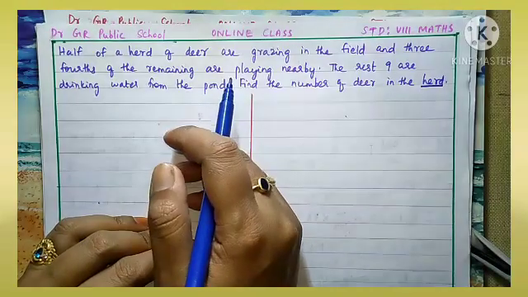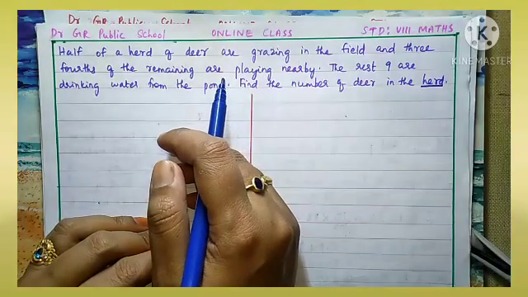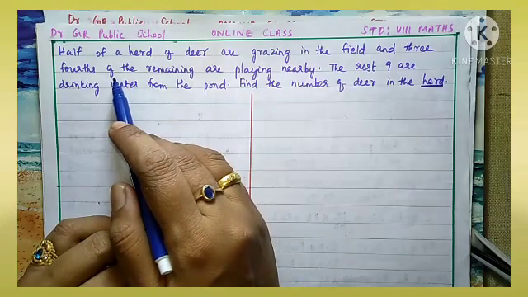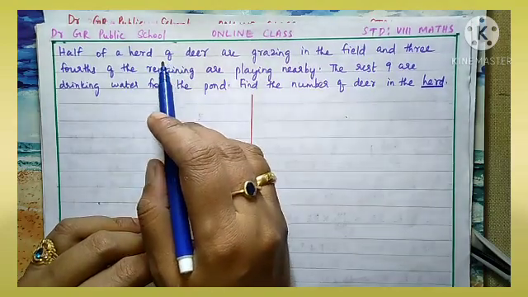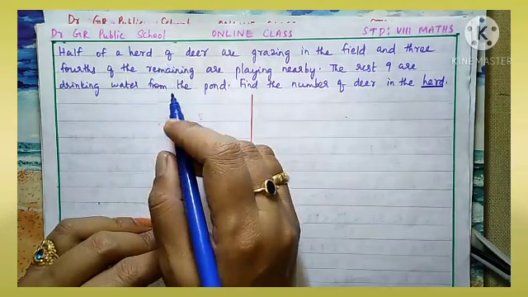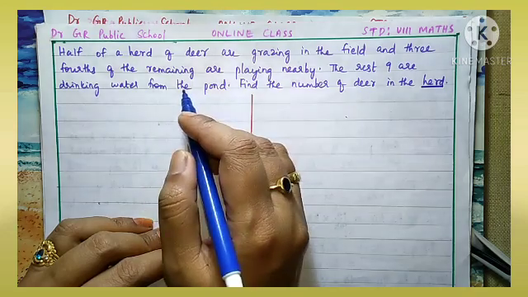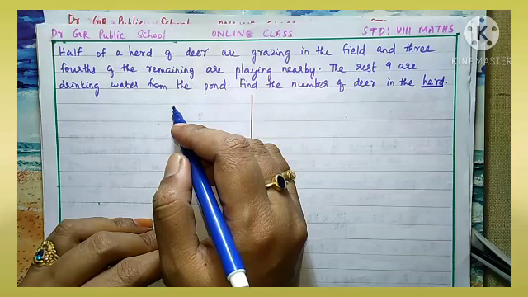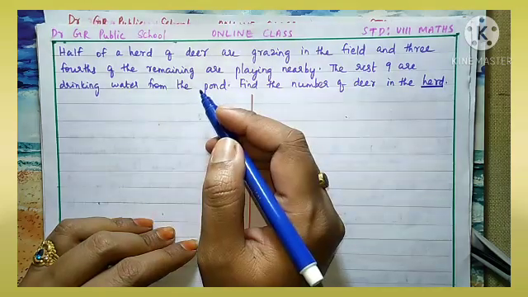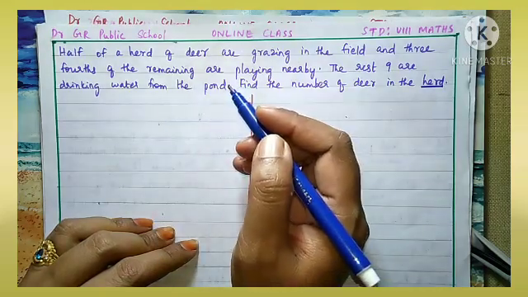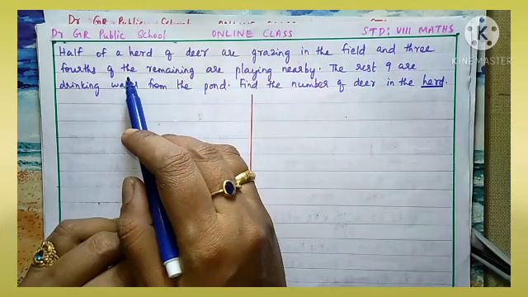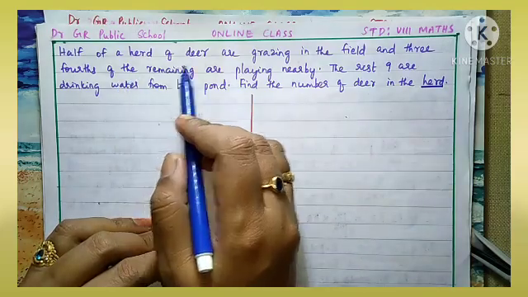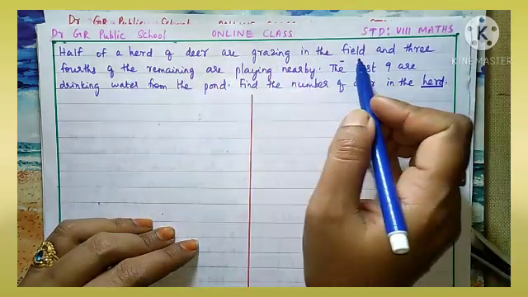We don't know how many, but the problem starts with half of them. Suppose there are 100 deer, what is half of 100? Yes, 50. So likewise, the total number of deer is not given. The problem starts with half of the deer grazing in the field.